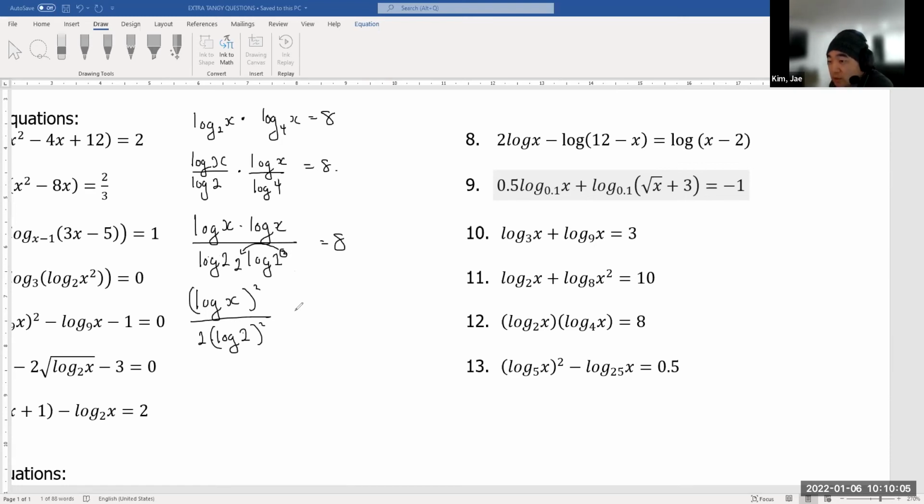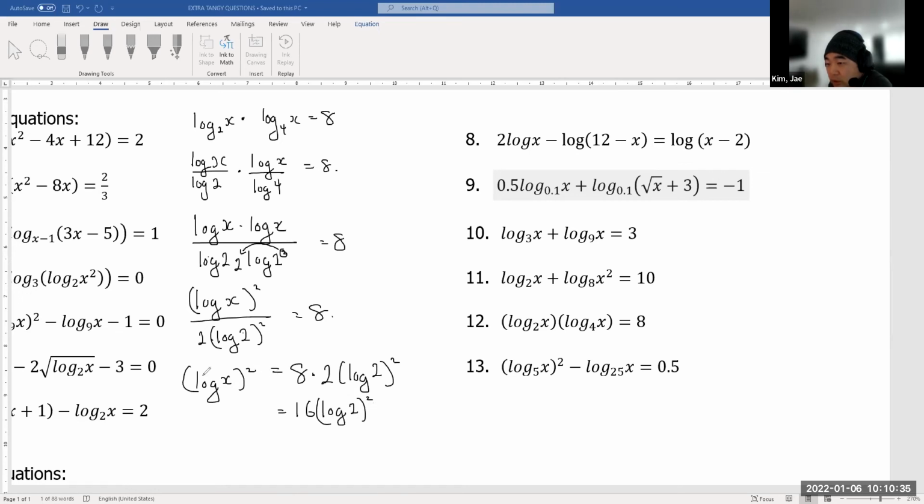So it's 2 times log 2, which is an 8. From here on out, it's all algebra. I am going to leave log x to the power of 2 here. I'm going to take all of this to the other side. So that becomes 16 log 2 squared.